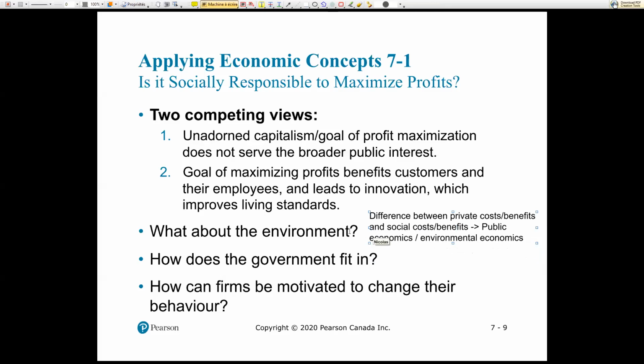So how does the government fit in? Well, if that's the case, they have to tax or legislate. What we call this in political economics or environmental economics is to internalize the costs in firms' decisions.